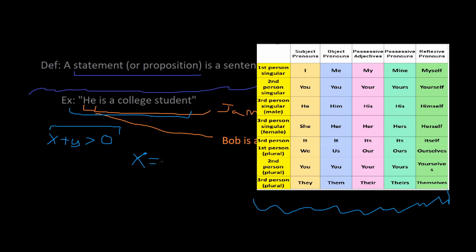This is not necessarily how you would prove something. This is definitely not how you prove something. But for the sake of this video and just understanding why we can't do stuff like this, why this is not a statement, we can't even prove this because it's not even a statement. But that's a whole different idea.